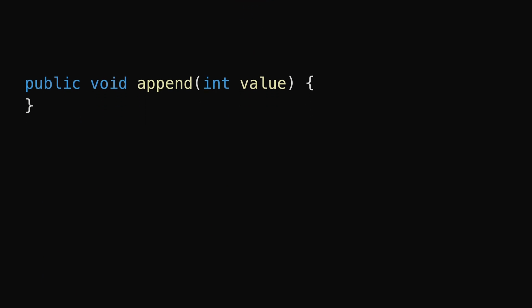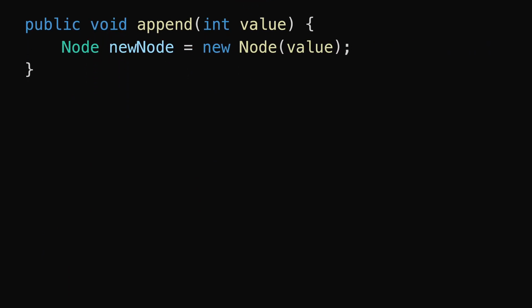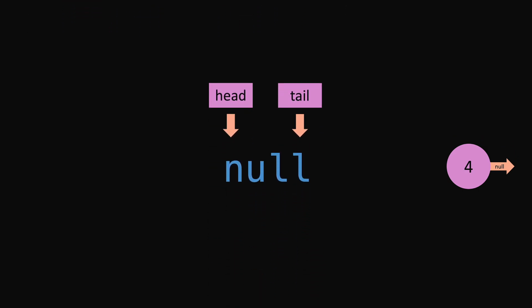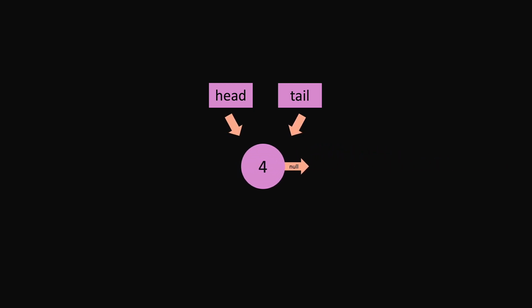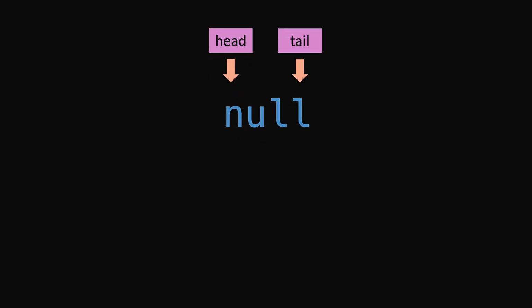So we'll start our append method out like this. We'll pass it a value. We'll use that value in creating a new node like this. So then the first situation we'll code for is when we have an empty linked list. This is where we have head and tail point to the new node. So in order to do this, we need to test to see, is the linked list empty?